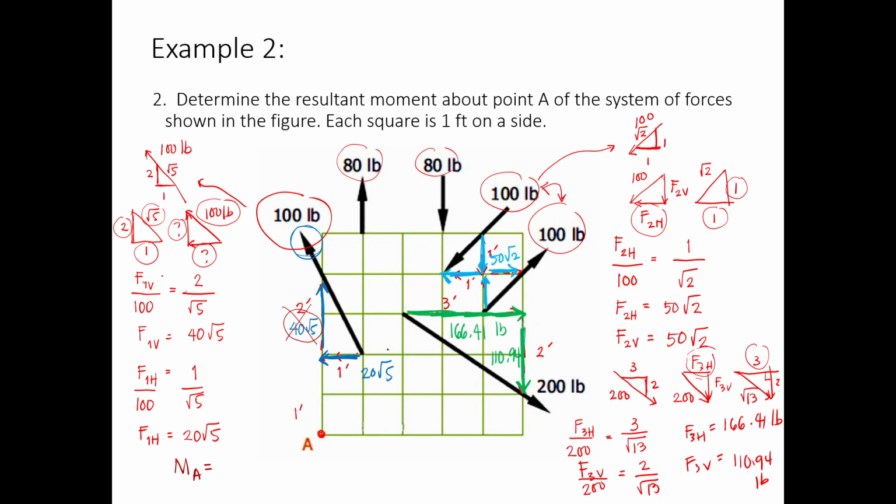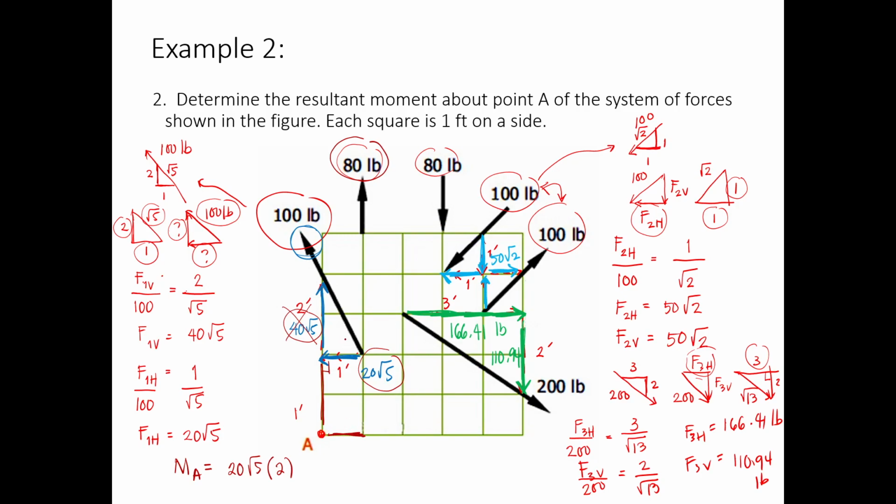But for the 20 square root of 5, we can utilize this. The rotation is counterclockwise, so it's positive. So 20 square root of 5, then times 2. The perpendicular distance is 2. Next is the moment of 80. So 80, and then the distance is 1.